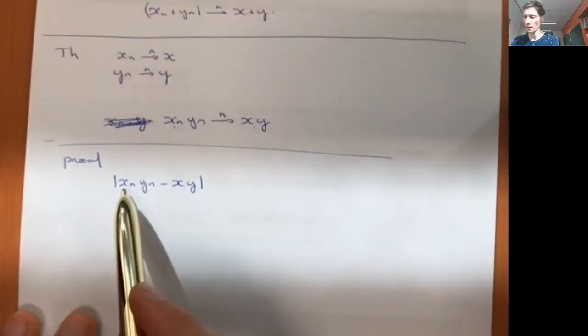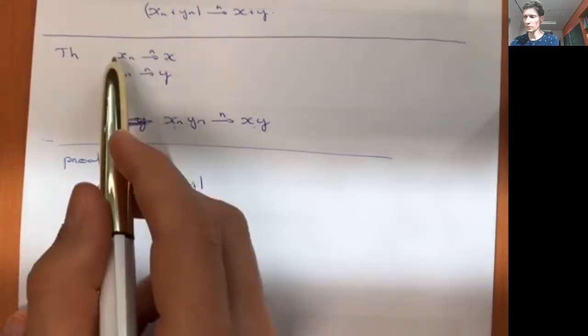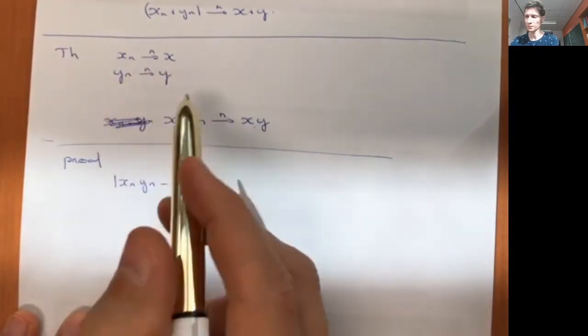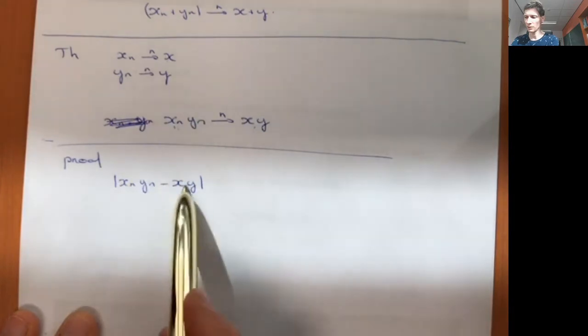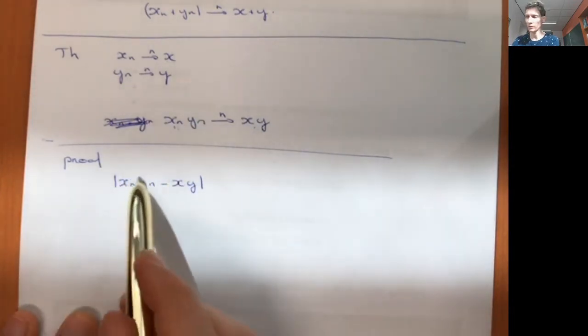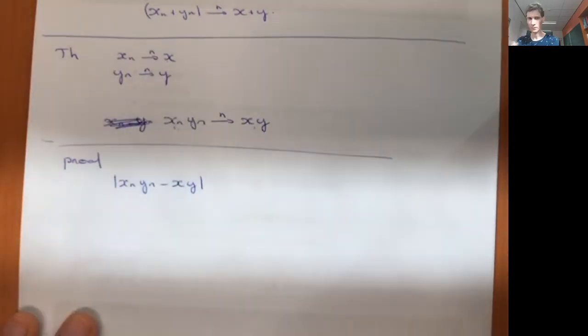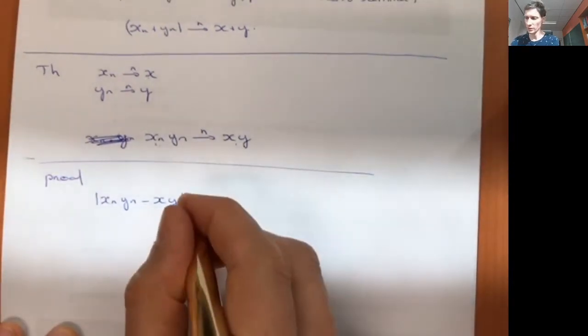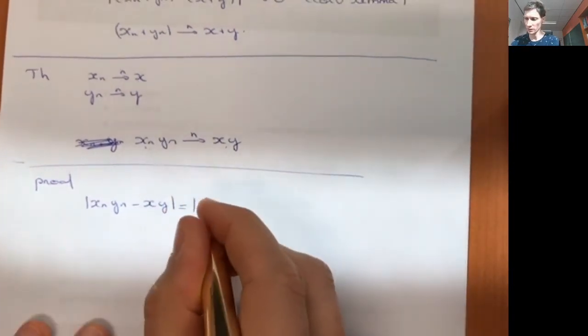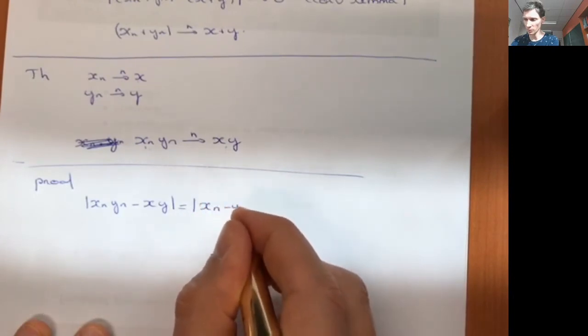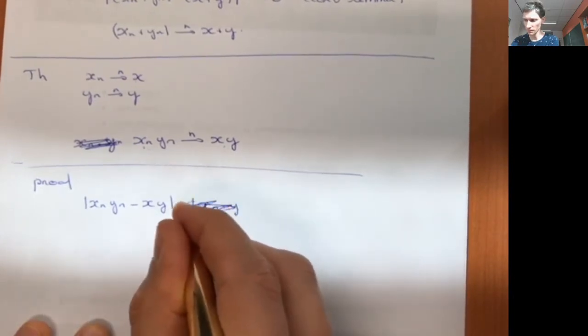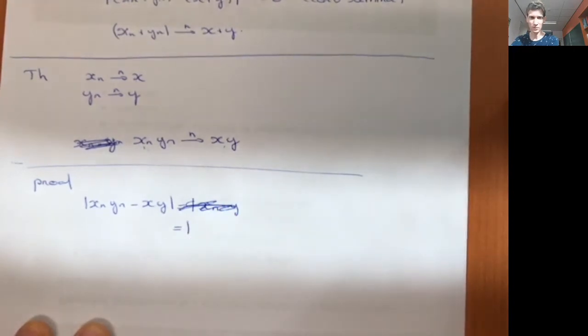We know that these sequences converge to 0, and here we have a product. So how can you write this in terms of xn minus x and yn minus y? Here's the trick.